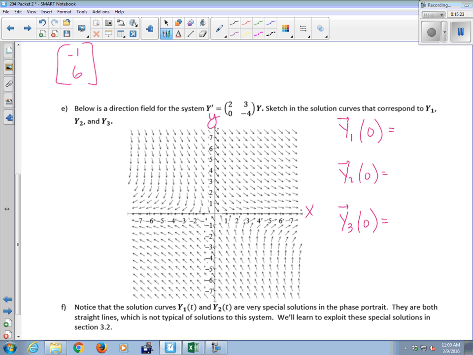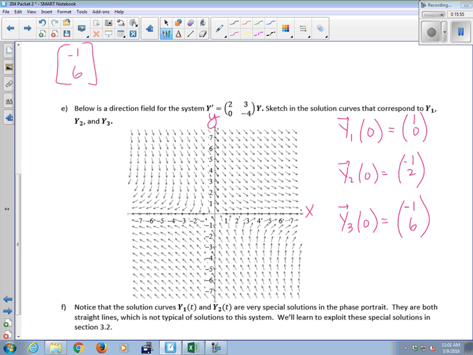Those vectors are not locations; you can think of them as representing an x and a y, which we have decided to plot in an xy plane. Okay, so y1 of 0 was (1, 0), y2 of 0 was (-1, 2), and y3 of 0 was (-1, 6).